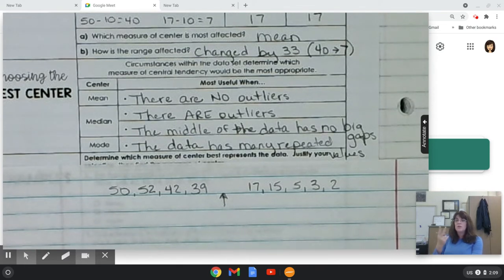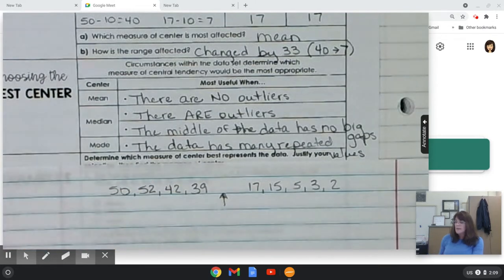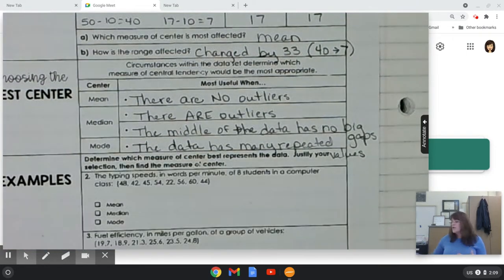You have maybe 2 ages represented except the teacher. So you could say, oh yeah, most of those people are 11 or most of those people are 13, and leave the teacher out of it because it's not an accurate statement. So what we're looking for when we're choosing the best center is how do I make the most accurate statement?